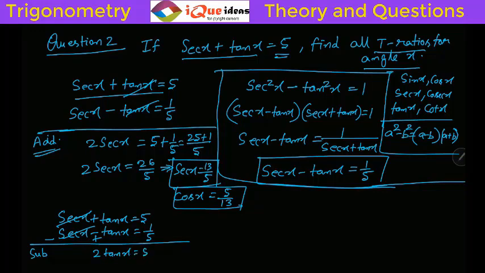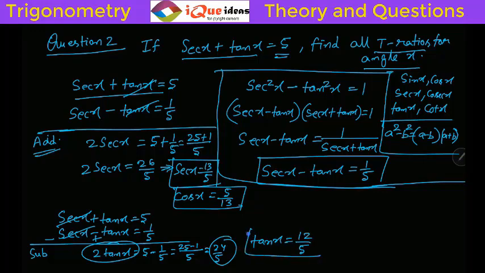That is equal to 5 minus 1 by 5. Now 5 minus 1 by 5, take LCM 5. In the numerator we will have 5 5s are 25 minus 1. That is 24 by 5. So what do we have? 2 tan x equal to 24 by 5. From here you get tan x equal to 12 by 5, right? If you inverse, you will get cot x equal to 5 by 12.